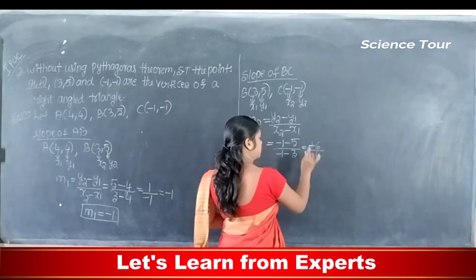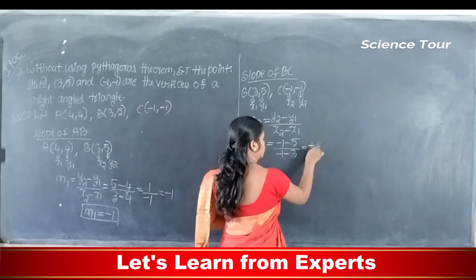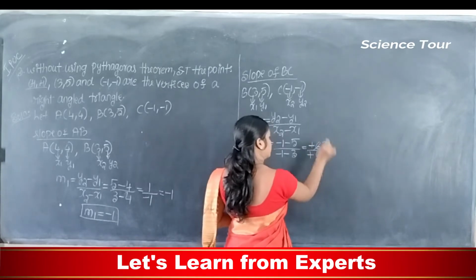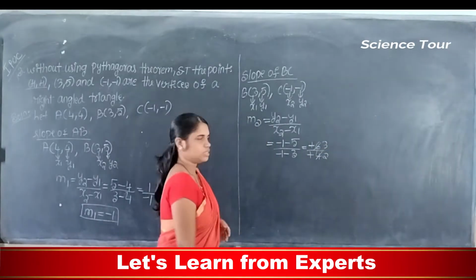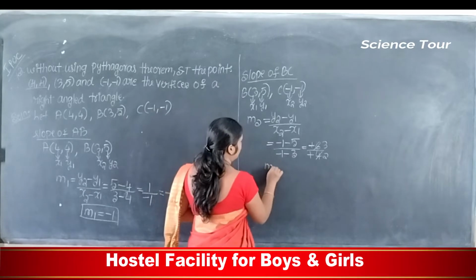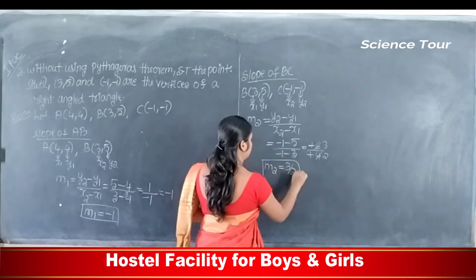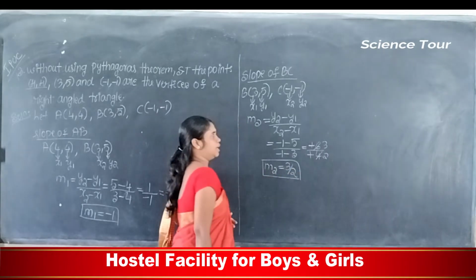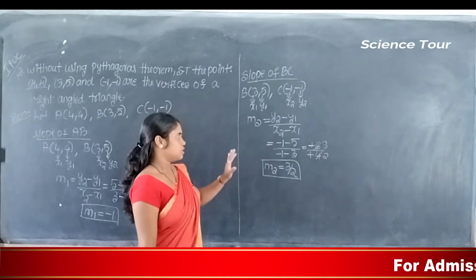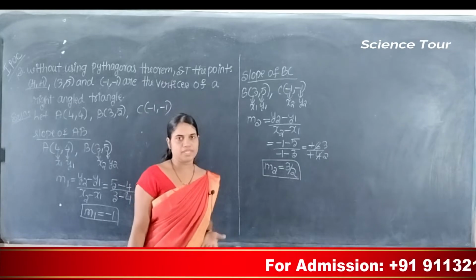Minus and minus will become plus. 2 threes are 6, 2 twos are 4, isn't it? So what is the value of m2? m2 is given by 3/2. m2 is given by 3/2. So the slope of BC is finished.